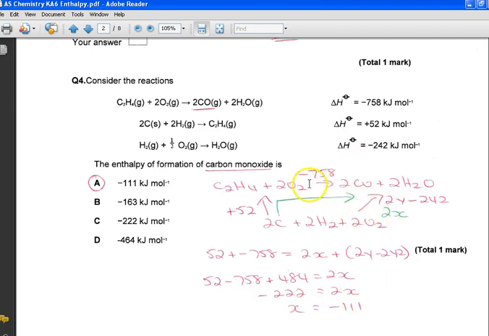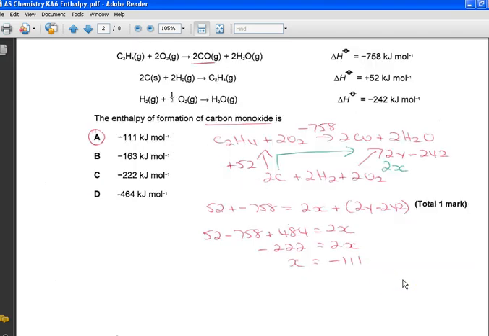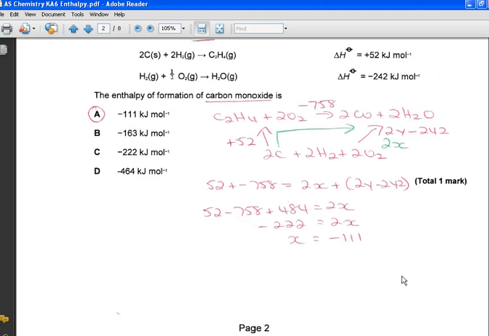This is slightly different in that you're given the enthalpy change of the reaction, and you're being asked to find one of the products here. So you have to put your unknown on the side of the Hess cycle that it refers to. Okay, let's have a look at that. Make sure you understand what I've done.